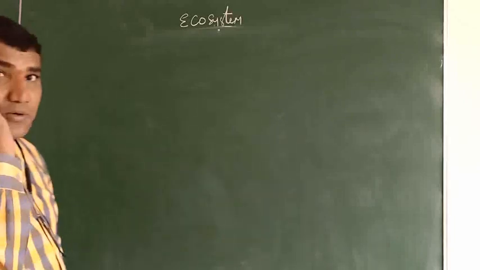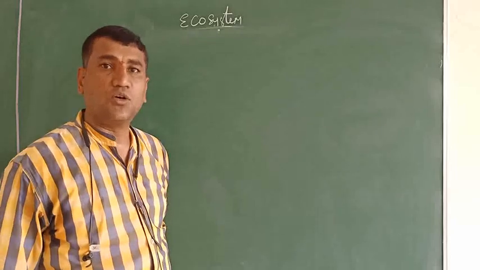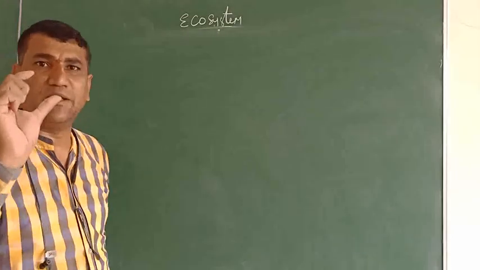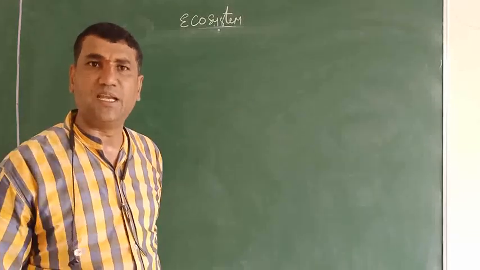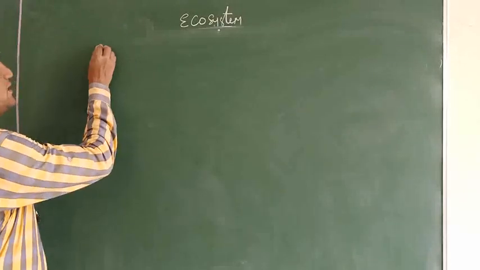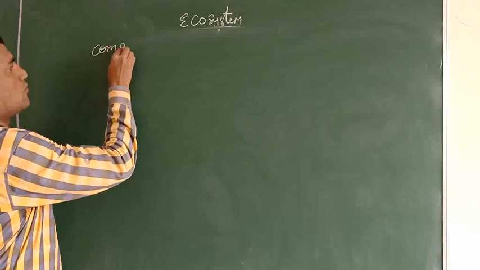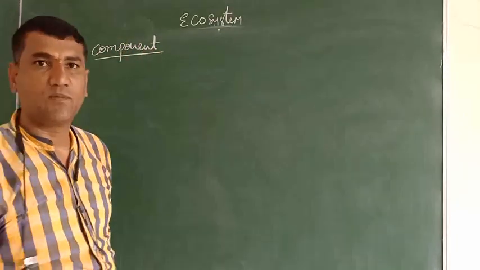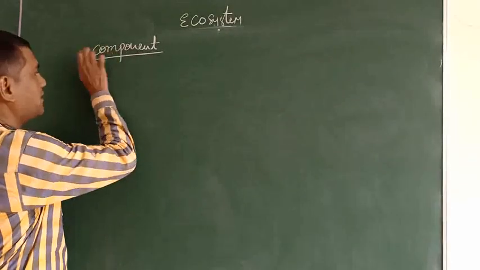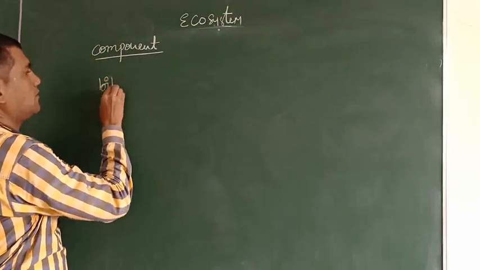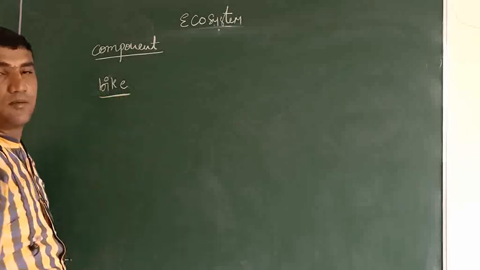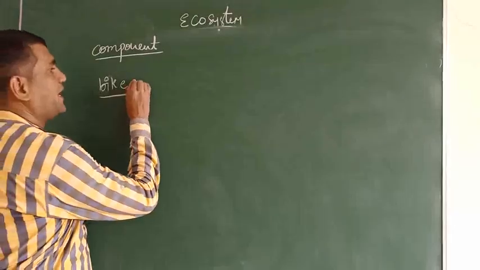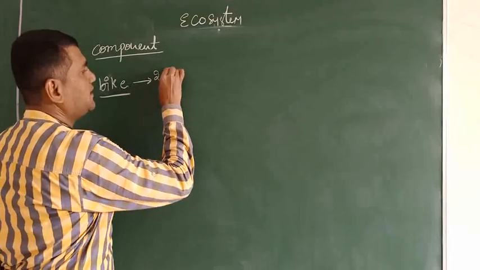So when you try to see the ecosystem, the components mean individual units, specifically different components. When you try to understand the component, if we take a bike, bike means a general bike, but a bike will have two wheels.